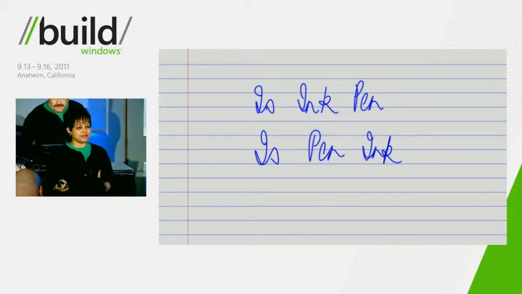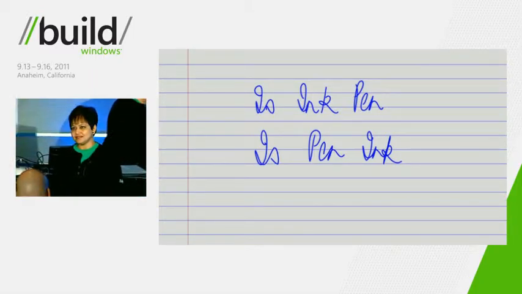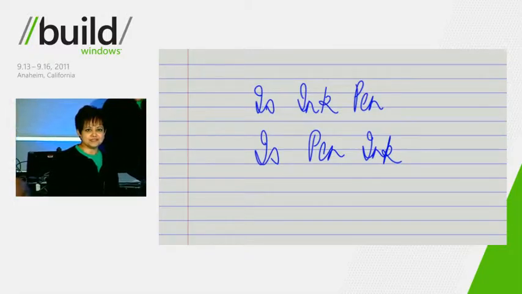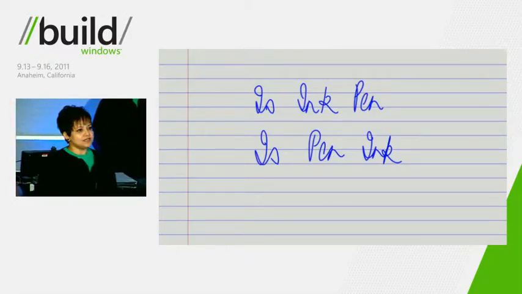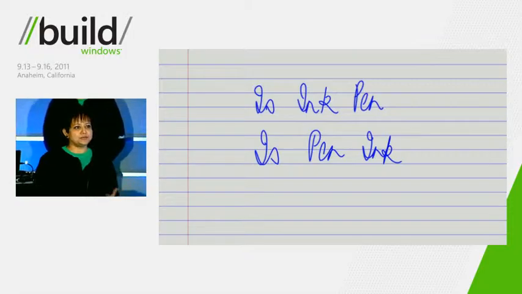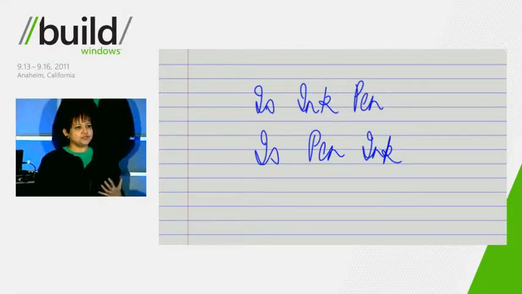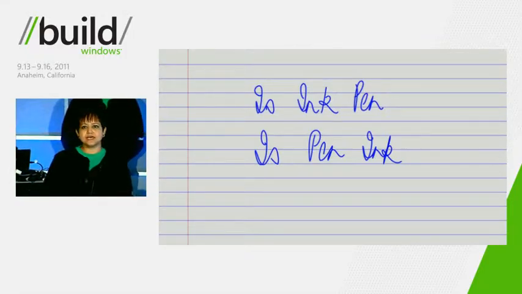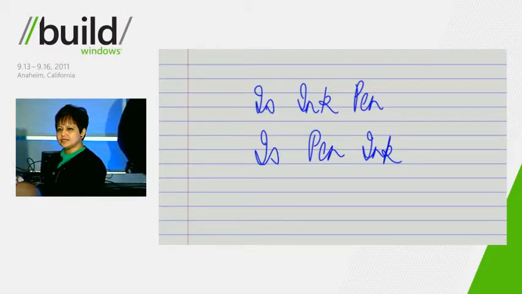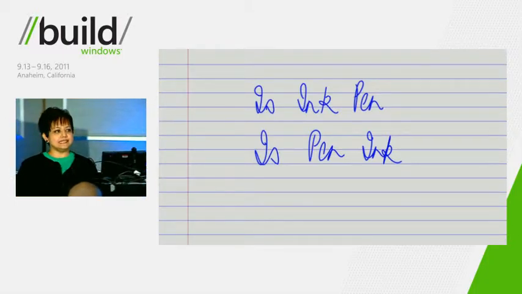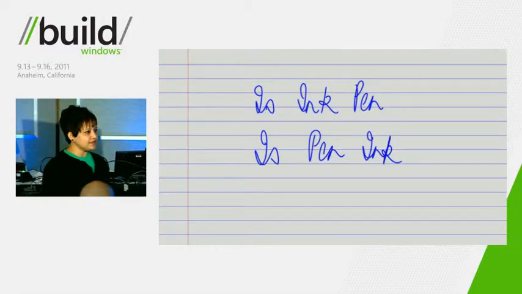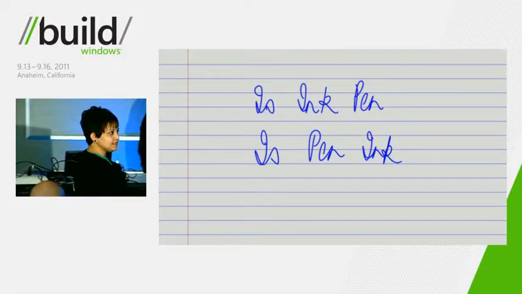Pen, ink, pen. What do you guys say? Is it the same? Is it different? Pen is the input mechanism which you use for basic manipulation and interactions. To make the system understand ink, you have to code for it. That's what we are going to do today.